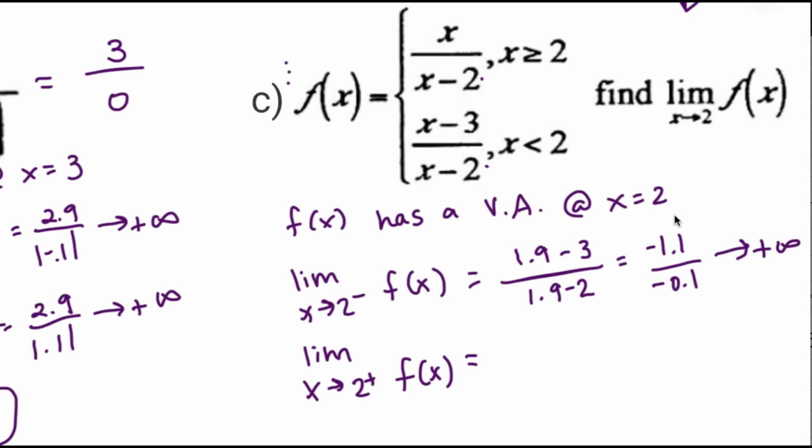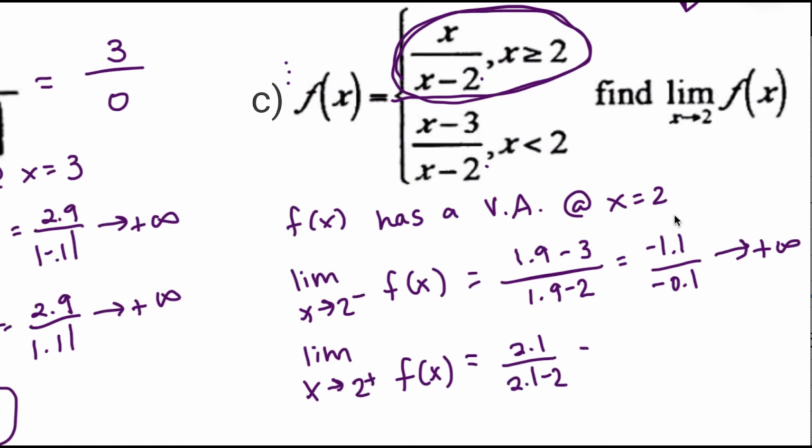And now, as I look at the limit as x approaches 2 from the right, that means I need values bigger than 2, so I'm going to use that upper function. Bigger than 2 means about 2.1. So here I get 2.1 divided by 0.1. That is a positive number, so it's going to positive infinity.